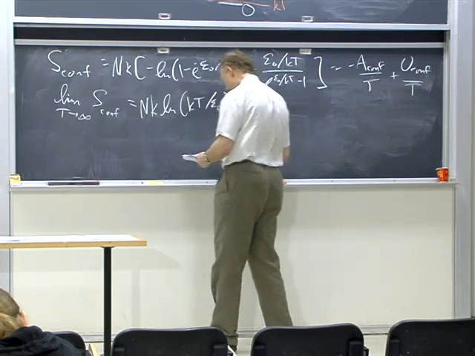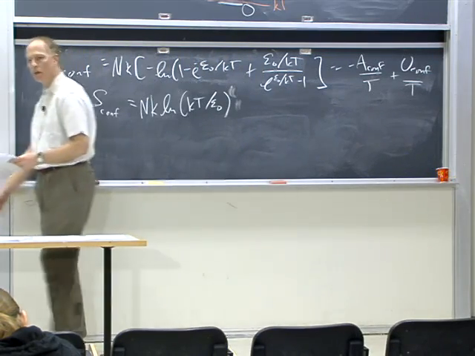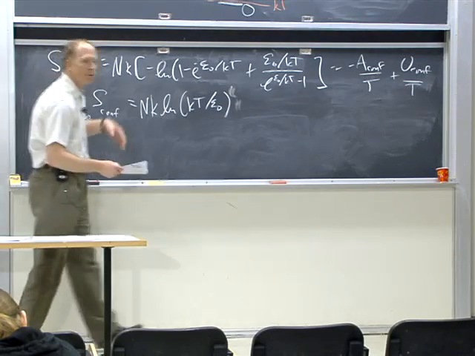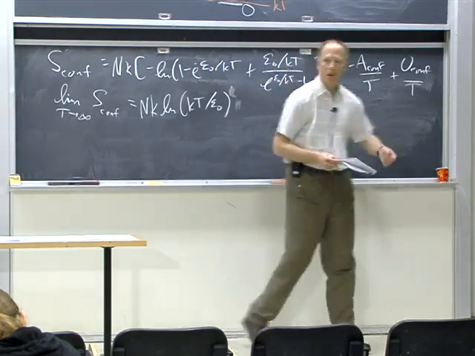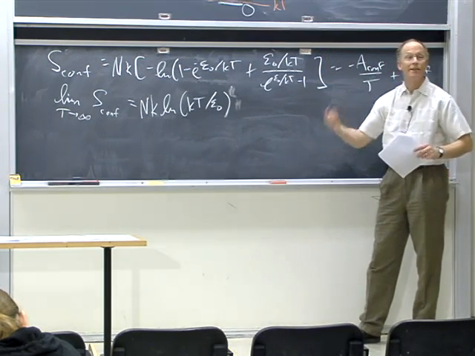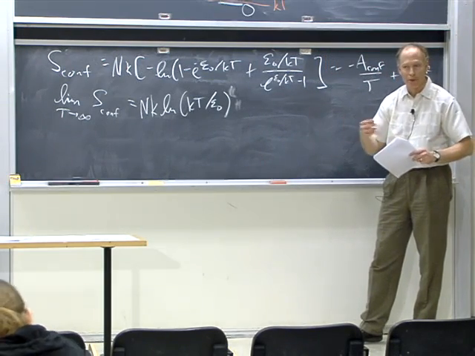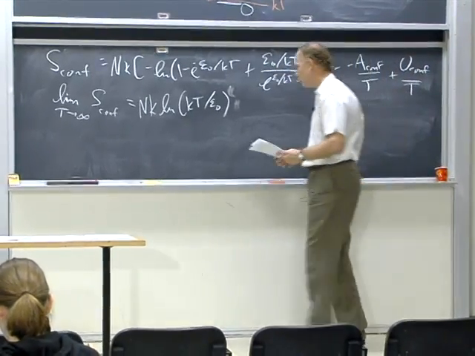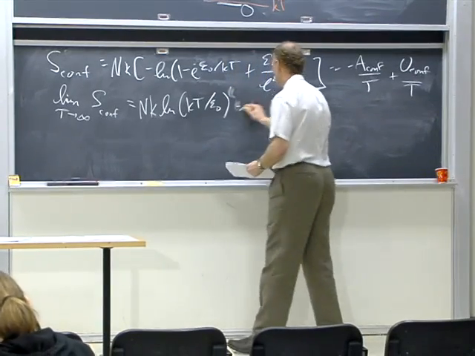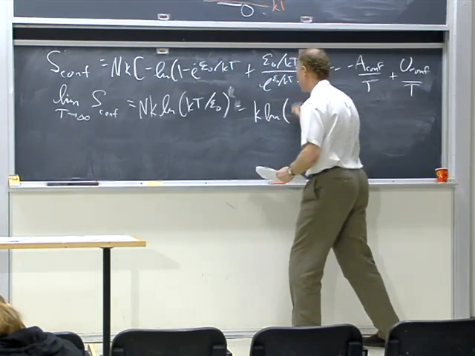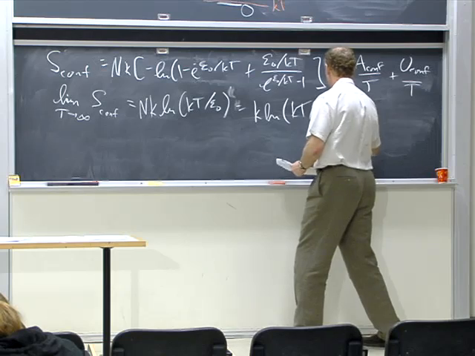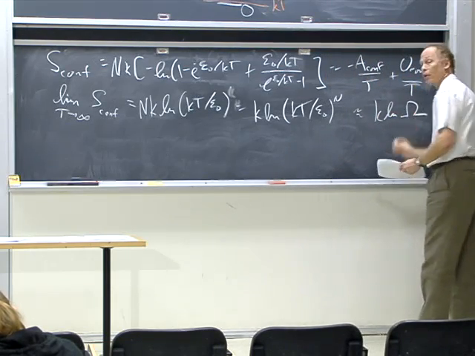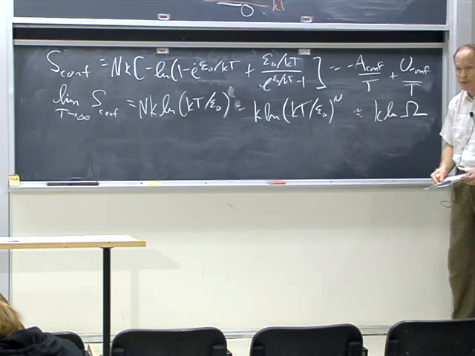And what this is telling us about is the number of available states, roughly how many states are accessible to the system at some temperature. So think of it as k log capital omega, where that would be the degeneracy.